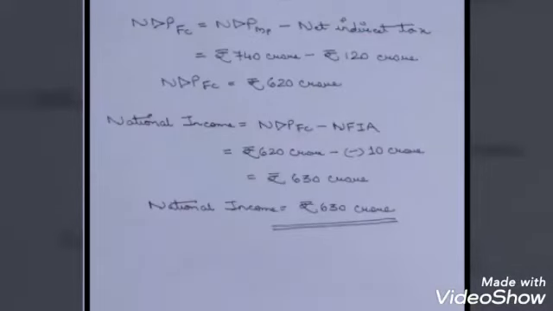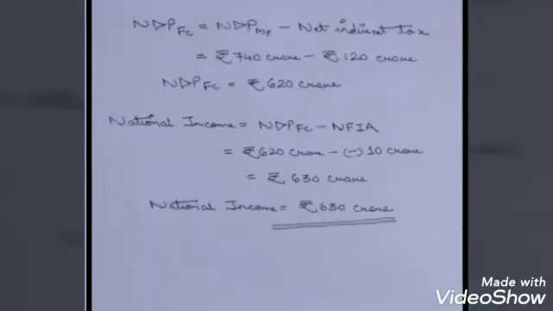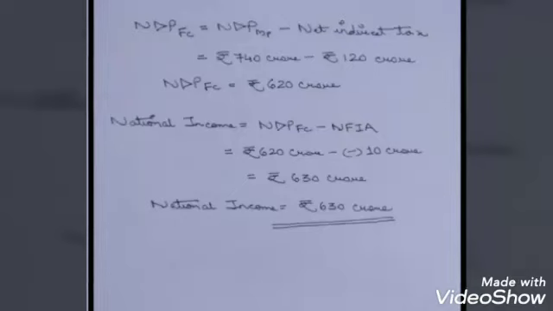Now from this, you find NDP at factor cost, which equals NDP at market price minus net indirect tax. Already we have calculated NDP at market price, which is rupees 740 crore, and from this you deduct the net indirect tax, which is rupees 120 crore, and you reach rupees 620 crore, which is your NDP at factor cost.